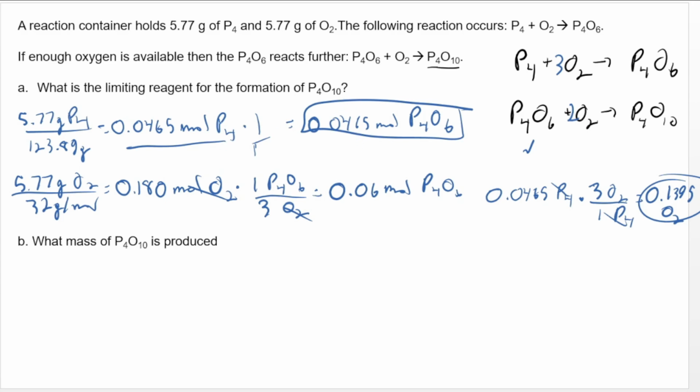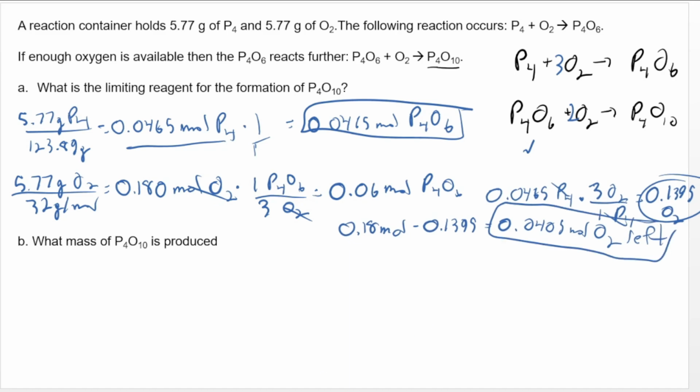Now the excess reactant is found by subtracting the amount of O2 used to create the product from the amount of O2 we started with, which was 0.18 moles, minus 0.1395, which gives us 0.0405 moles of O2 left.